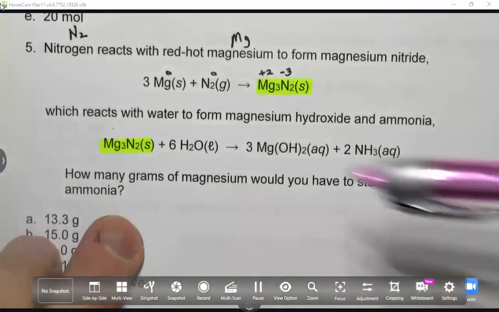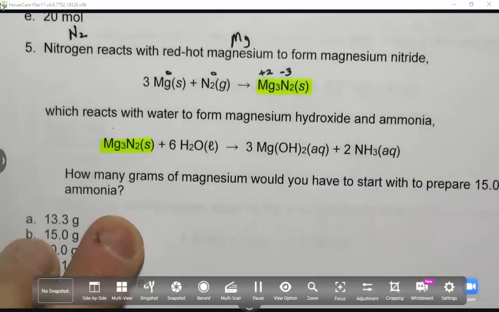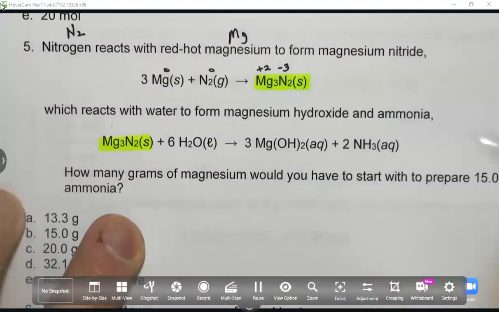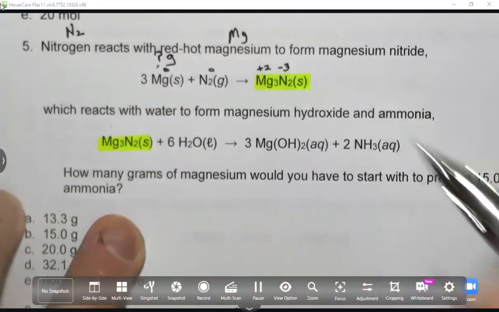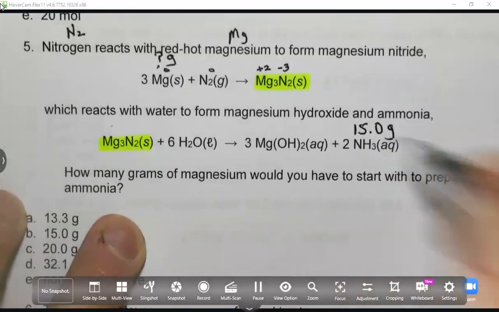Now, here's what it says. How many grams of magnesium would you have to start with to prepare 15 grams of ammonia? We're looking for grams of magnesium up here, 15 grams of ammonia here.